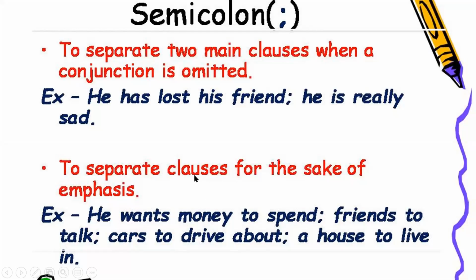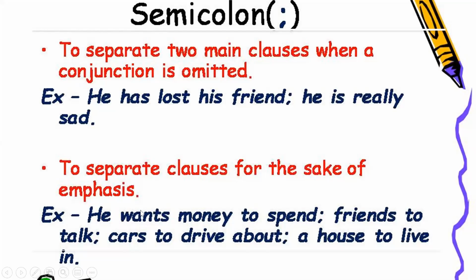Also, to separate clauses for the sake of emphasis. Certain clauses we want to emphasize, and therefore we use a semicolon. He wants money to spend; friends to talk; cars to drive about; a house to live in. So see, we are not separating words here. If there were only words to be separated, we would use the shorter pause, the comma.